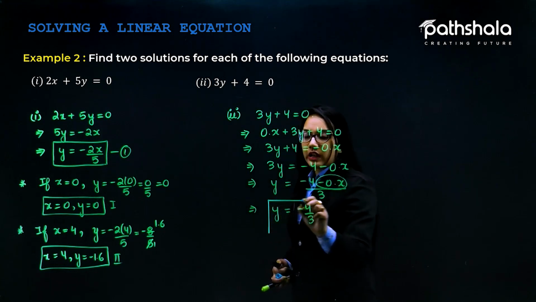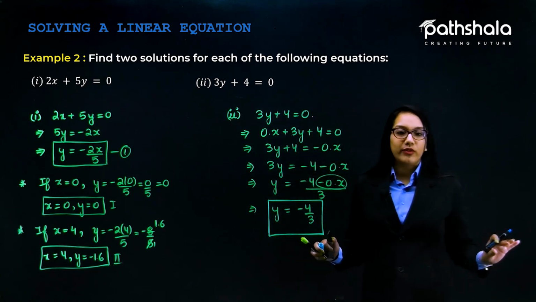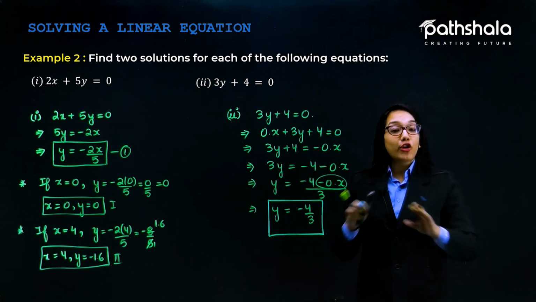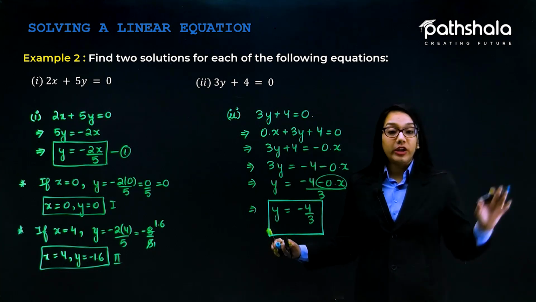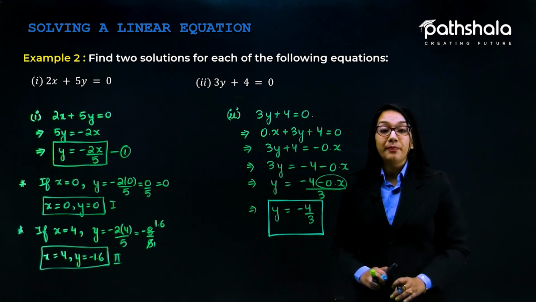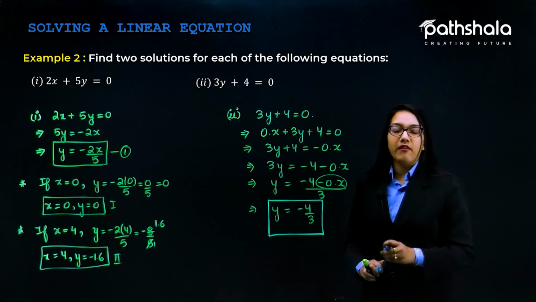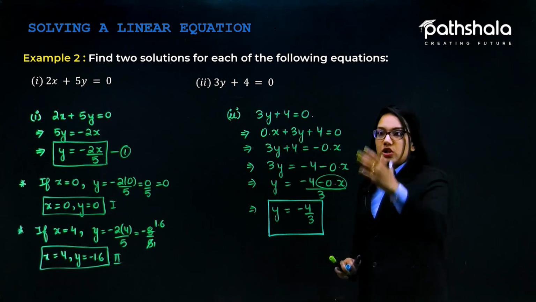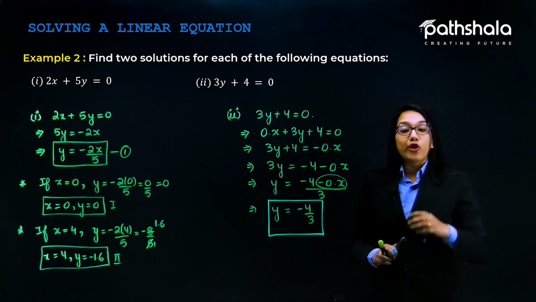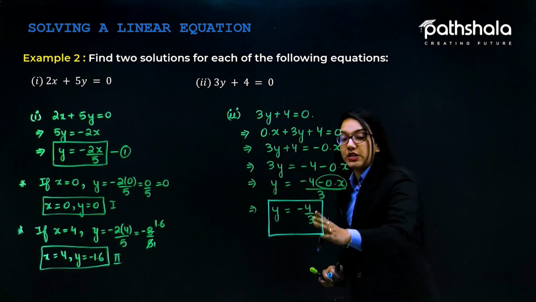Now we can see that we do not have an x variable here. It means that for any value of x, we always get y as minus 4 by 3. Always remember that whenever such an equation has no variable x, for any value of x we always get y as minus 4 by 3.